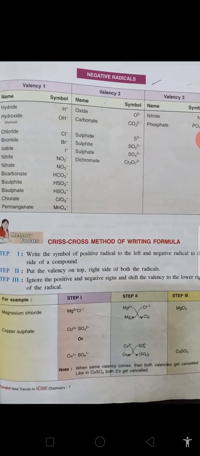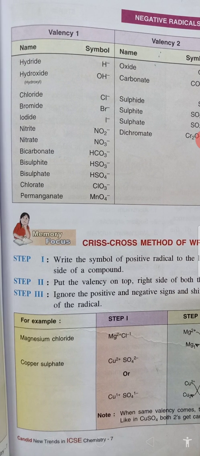Now in the same way, children, we will write the negative radicals or the anions. Anions with minus 1 valency are, children, valency is written without a sign even if we don't write plus and minus, but these are the negative radicals, so we are denoting them with a minus sign. Hydride, H minus. Hydrogen shows plus valency also and negative valency.